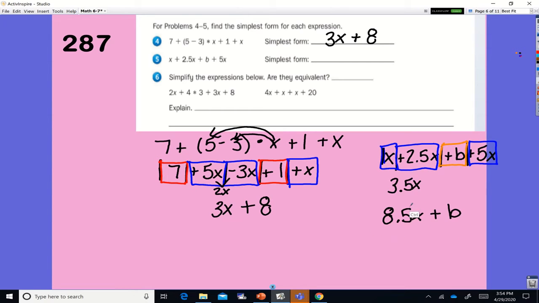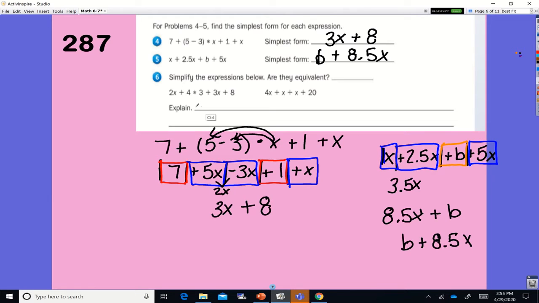So then we have this right here. Even though the correct way to technically write that is to make sure that the b comes first. The reason is, think of it in alphabetical order. So we could rewrite it as b plus 8.5x.